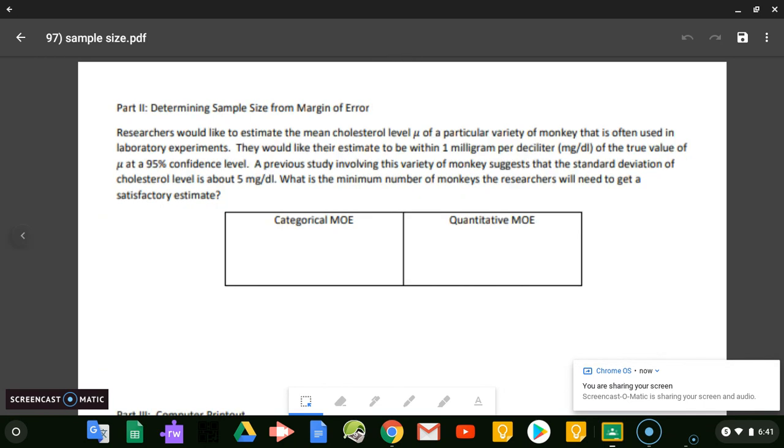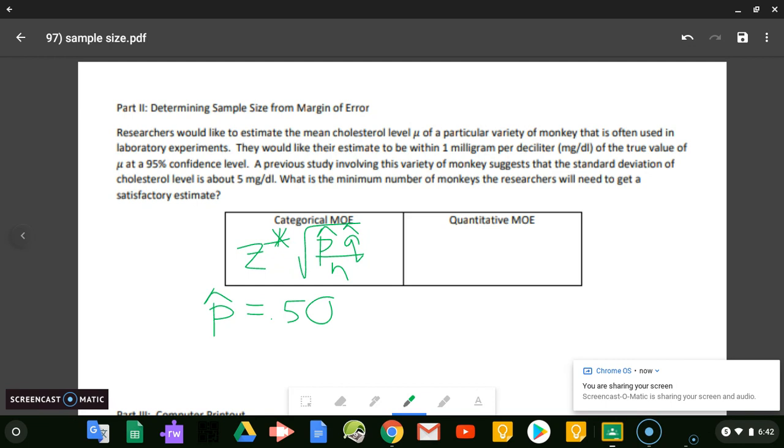The next thing we need to think about is determining sample size from margin of error. Remember when we did this before, the margin of error for a categorical variable was your critical z times the square root of p-hat q-hat over n. And if we didn't know what the p-hat was, we played it safe by using 50% for our p-hat.